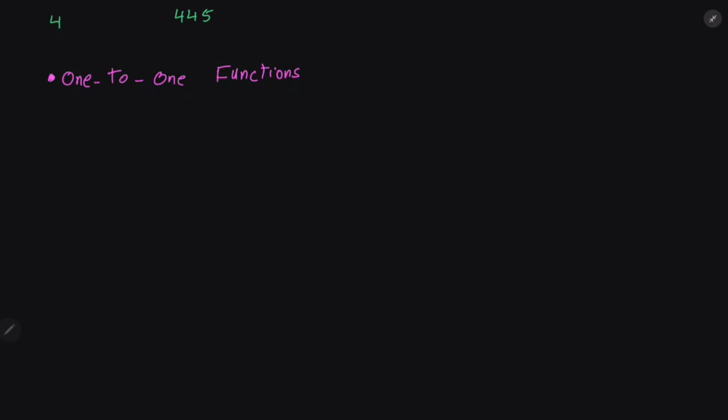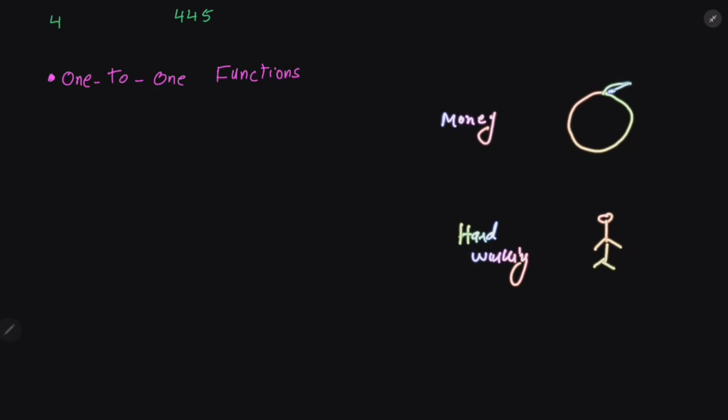Every topic in mathematics needs some prerequisite. For example, if you want to buy an apple, the prerequisite is that you should have some money. If you want to become a successful person, then you must be a hardworking guy or girl, whatever.